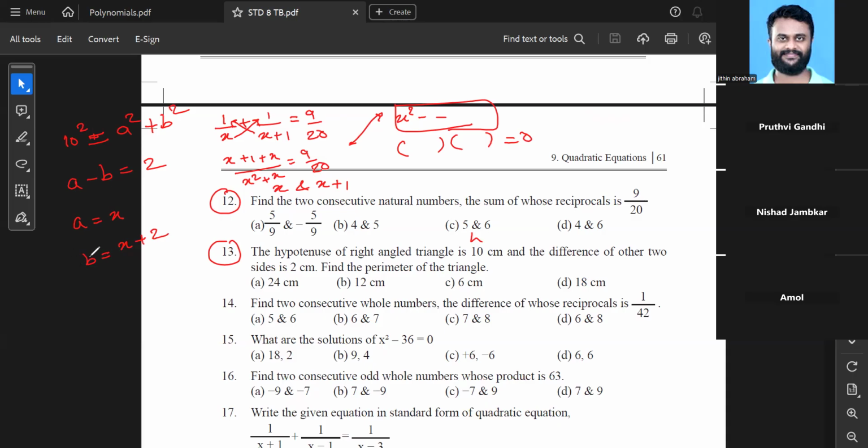Okay, I hope it's clear. Basically, उन दोनों के बीच का difference is 2. So if one side is called x, the other side will be what? x plus 2. So that you have to substitute over here. So your equation becomes like this.